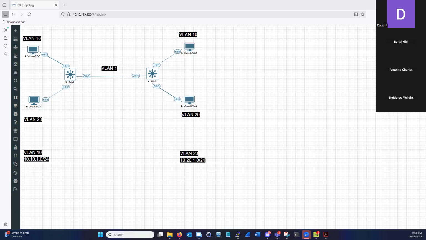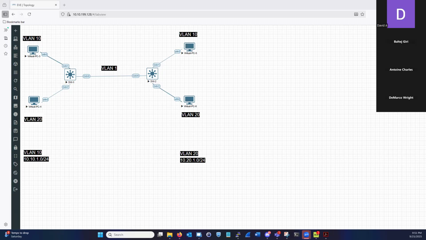I'm sorry, but anywhere on this diagram, did I say the interconnection between switch one and switch two is dedicated to multiple broadcast domains? You did not say that.